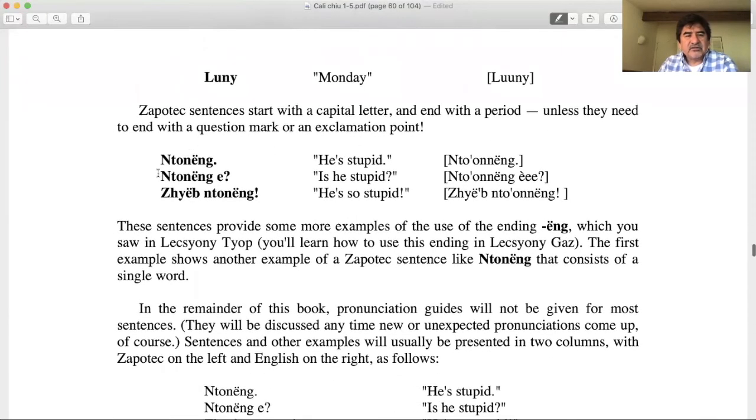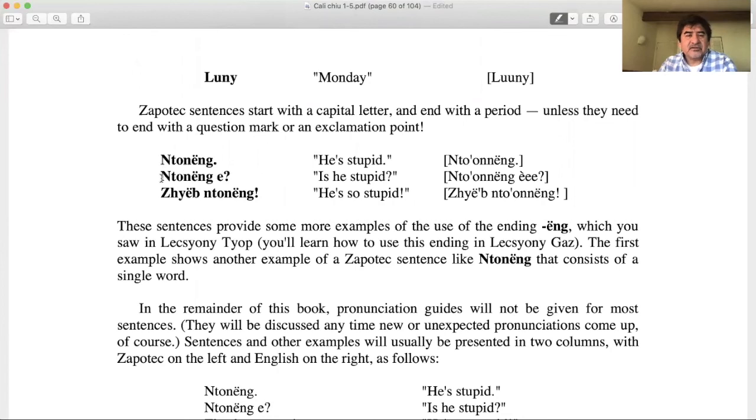Okay, and then as you can notice here in the question marks, we continue the English rule, just to remind you that for those who speak Spanish or write in Spanish, I know that the rules in Spanish are different.